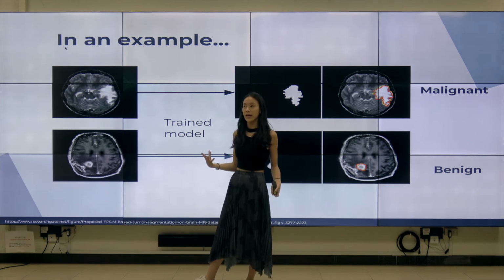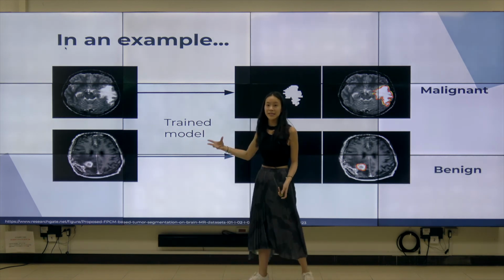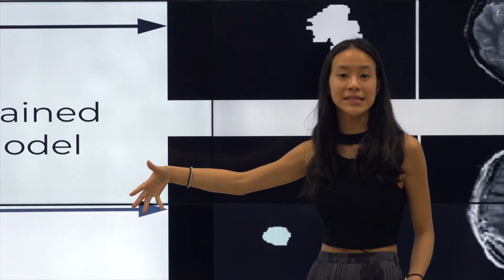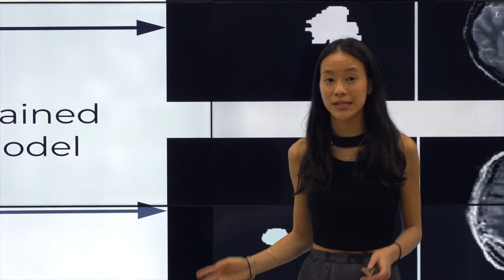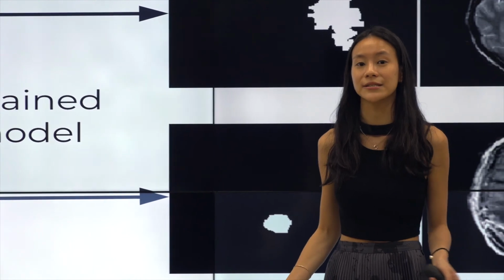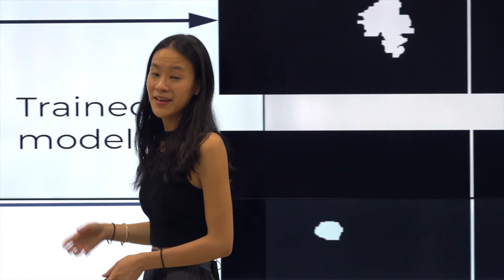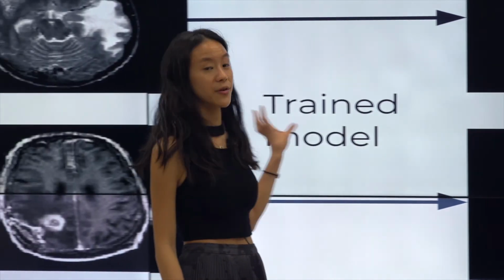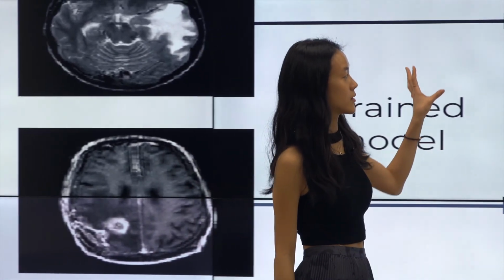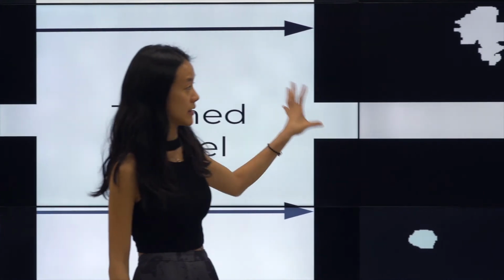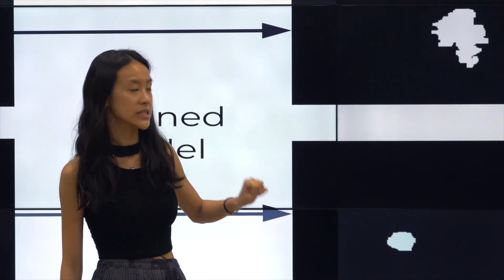So this is what a doctor would do. You can see them looking through multiple of these scans and trying to come up with a result or a prognosis for the patient based on their experience and based on what they see. And so we're trying to feed this into the trained model that we had. By doing that, we can create these masks, and in this example, we're extracting features.